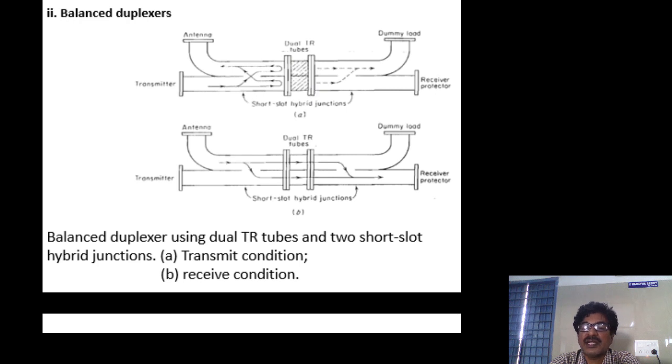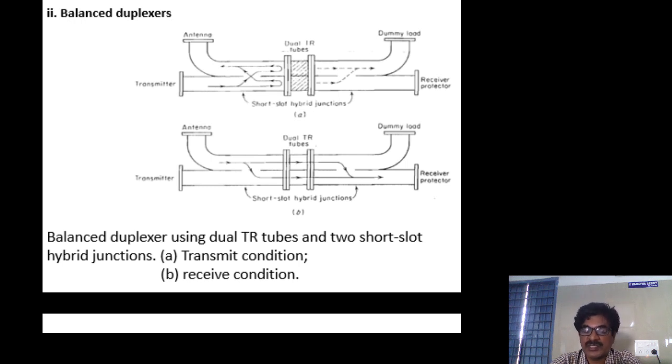At the ports of each waveguide, the different radar units are connected. Here you can see the antenna is connected to this port, this port is connected to the transmitter, here is the receiver, and this one is the dummy, that is, this end is not used in the radar unit. The upper diagram shows the signal flow during transmission, and the lower diagram shows the signal flow in the reception case.